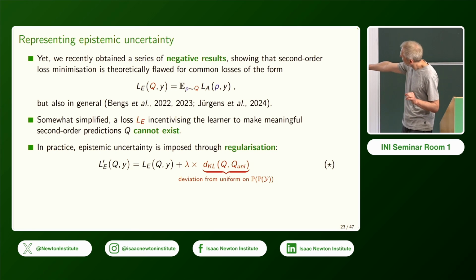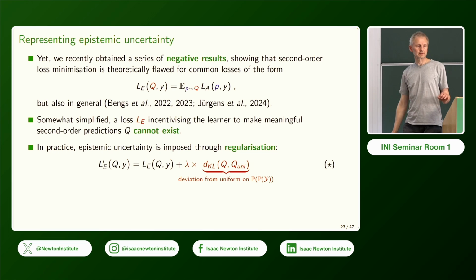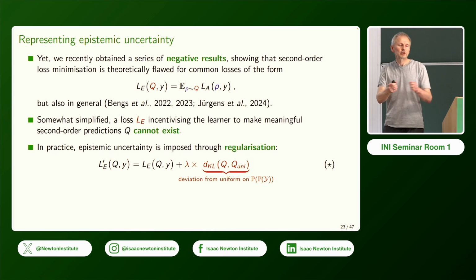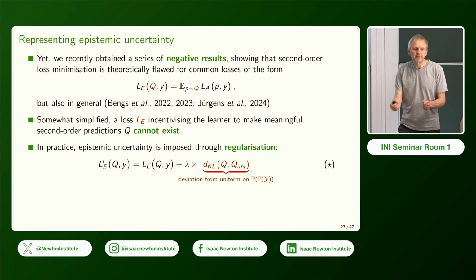They define the loss LE by adding to this original definition a regularization term, which is typically the KL divergence of your prediction from a reference prediction, which is often the uniform distribution. Of course, by adding this penalty and multiplying with the regularization parameter lambda, you incentivize the learner to express epistemic uncertainty, to be close to the uniform.